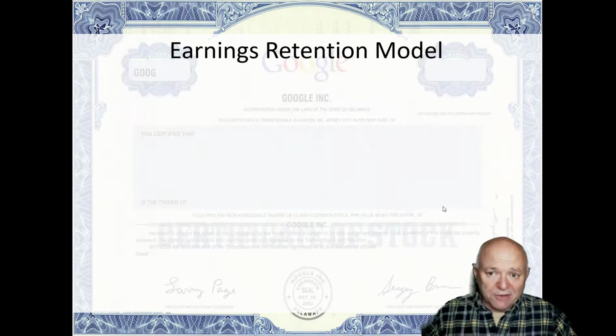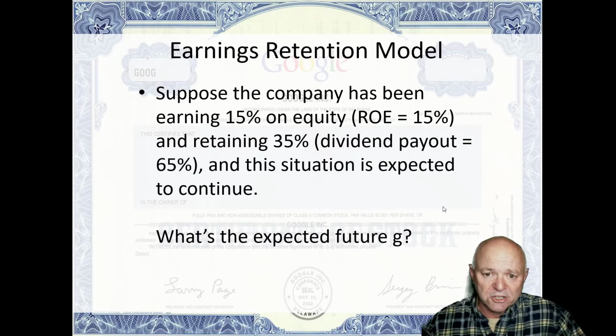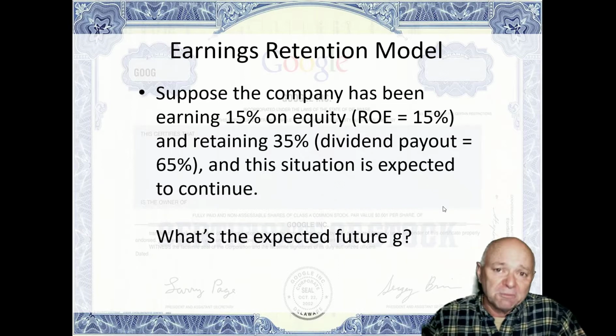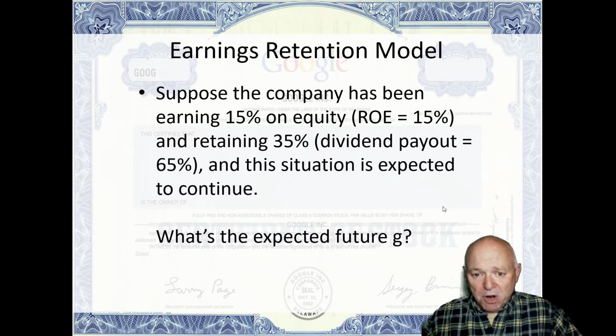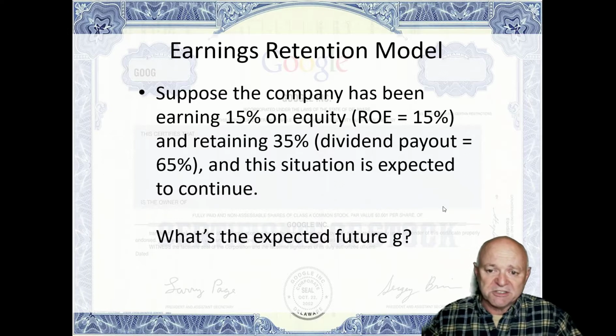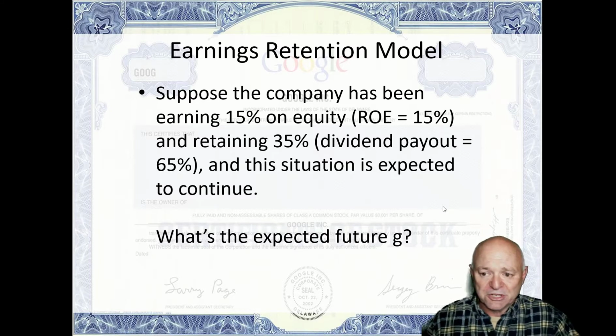An alternative way of doing that is something called the sustainable growth or the earnings retention model. And so if the company has a rate of return of 15%, that's the rate of return on equity, and they retain part of that, only part of it, say 35%, they pay out 65%, so 1 minus 0.65 is what we call the plowback, or 35%.